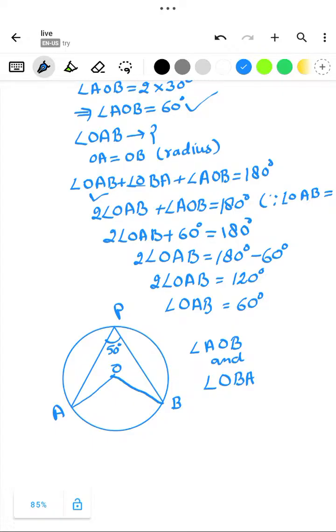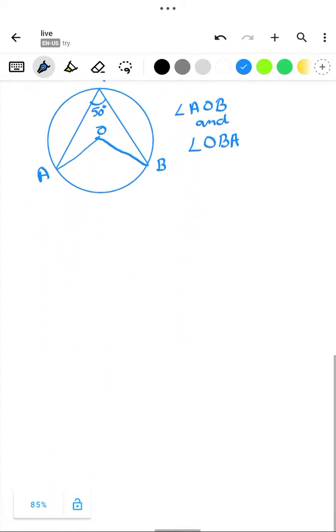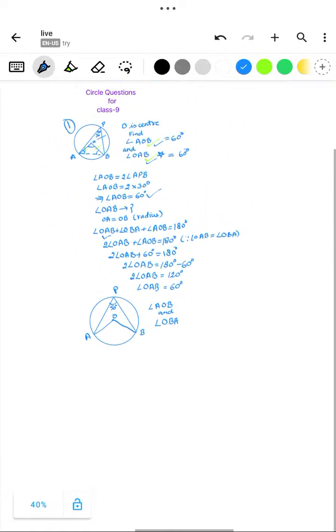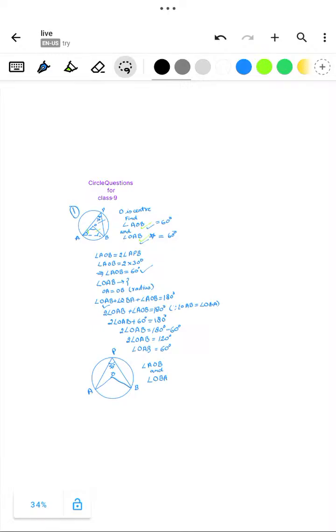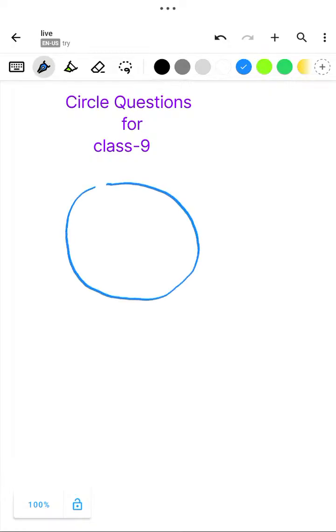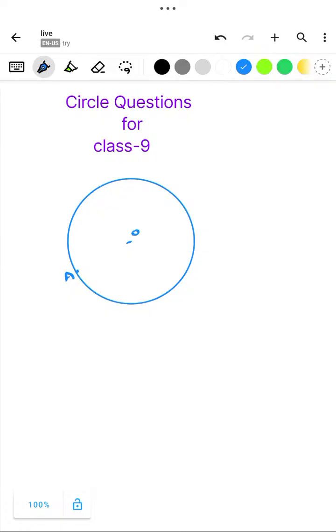Now let me take another question. So the second question is, I will delete this first. Now there is a circle. Suppose this is a circle and the center of the circle is O. This is center of the circle. This is point A. This is a point C over here.